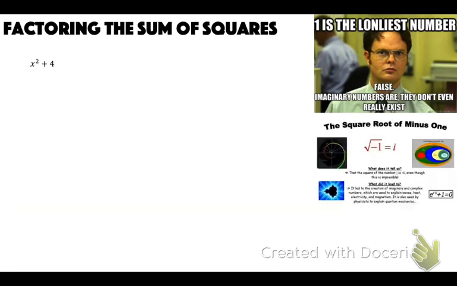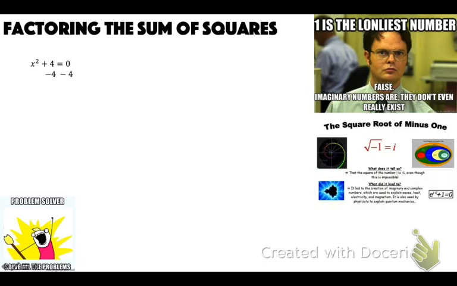So if we look at this, I want to solve this, so I'm going to set it equal to 0, problem solver, and I'm going to just solve it for x. So if I subtract that 4 over, I get x squared equals -4. But then I can square root both of those.